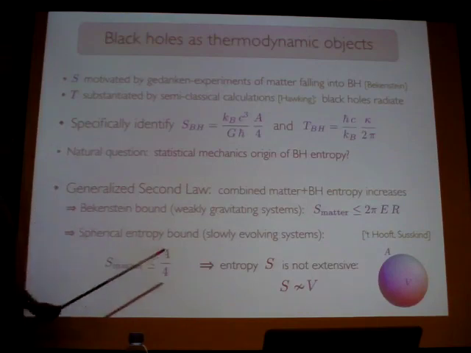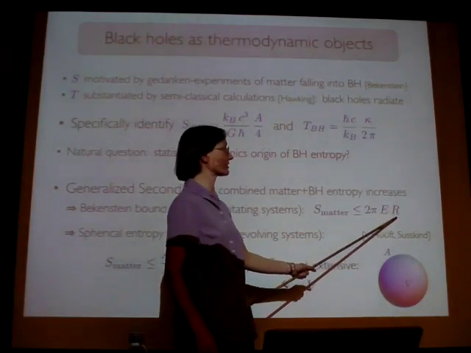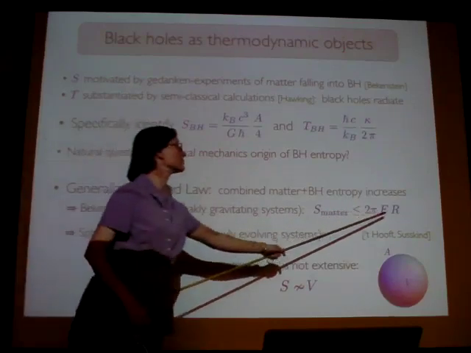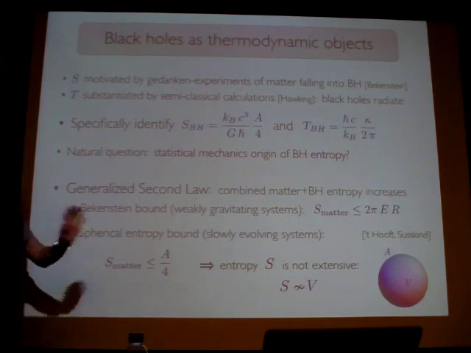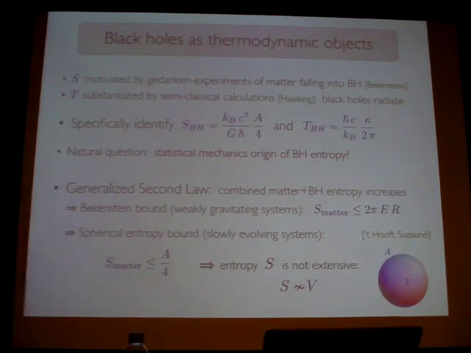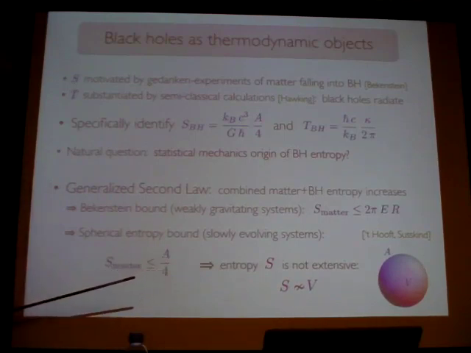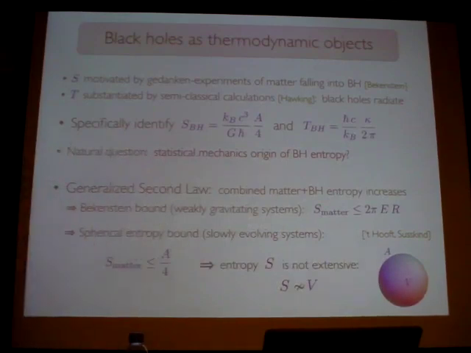One of them is the so-called Bekenstein bound, that the entropy of matter fitted in some region of characteristic size R with some energy E, when it's weakly gravitating, has to be bounded by this product. More interestingly, for spherical systems, which can be strongly gravitating but should be slowly evolving, there's the spherical entropy bound, which says that the matter entropy packed in a spherical region with some volume and some surface area A is actually bounded by a quarter of the area, rather than the volume.